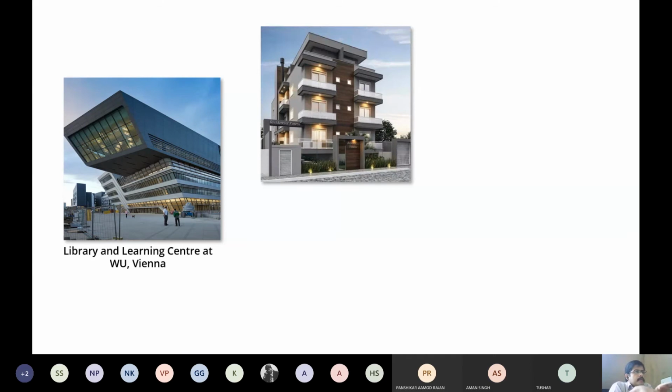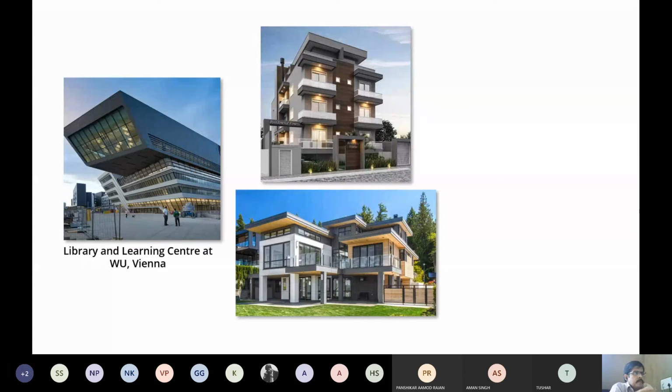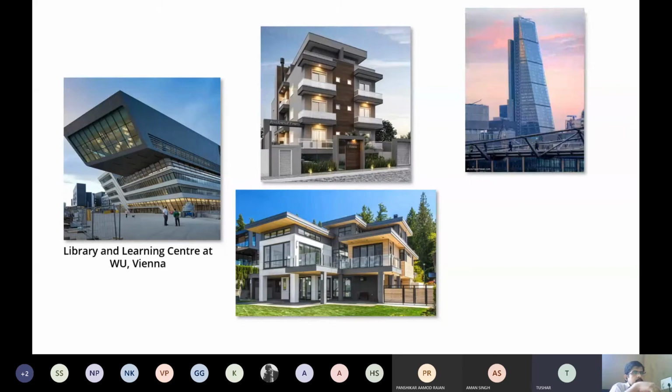This residence looks rather nice, right? Good overhangs, very good rendering, I would say. Very nice.